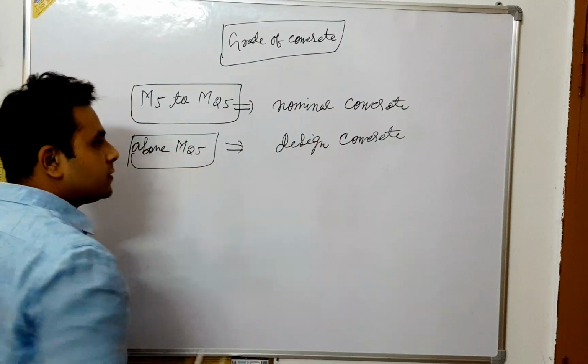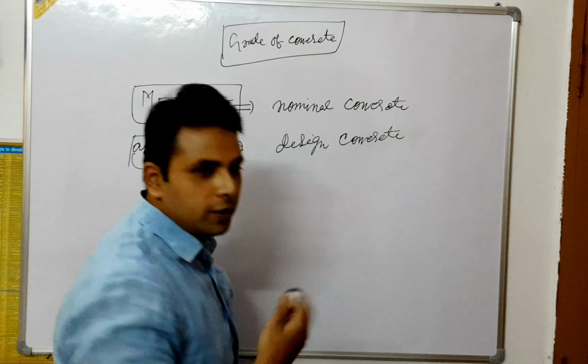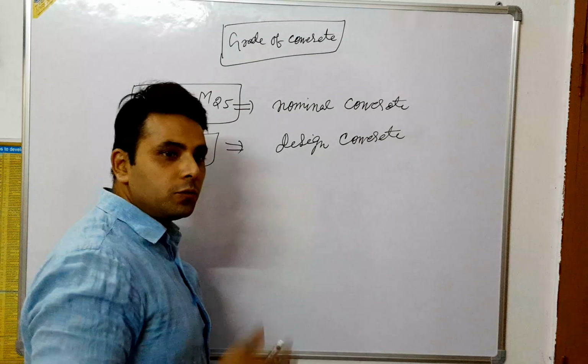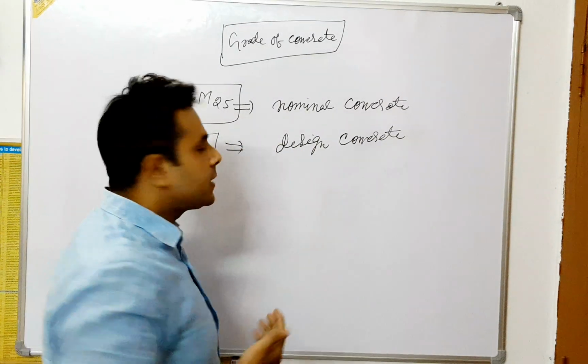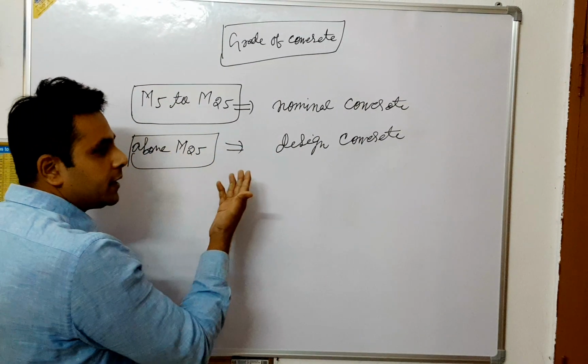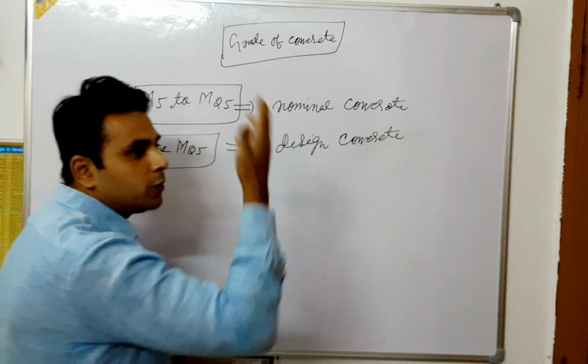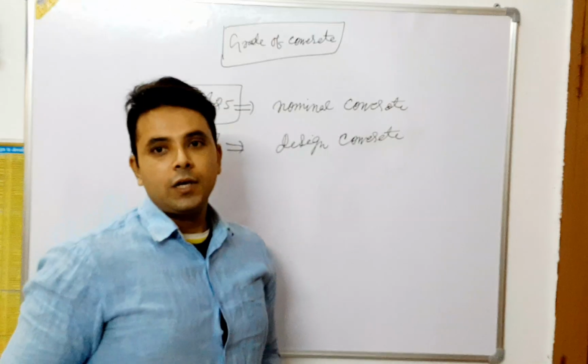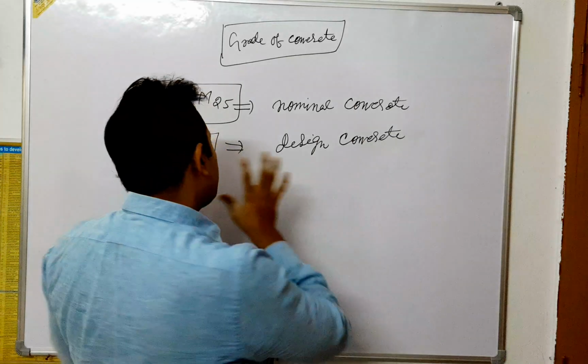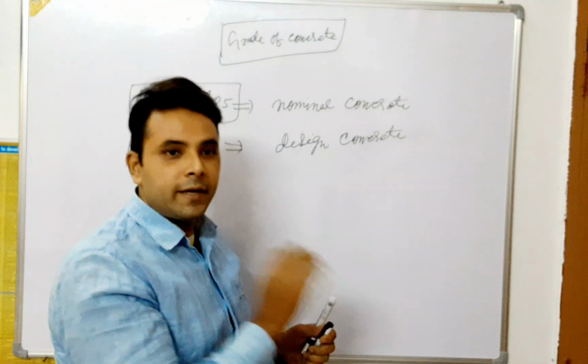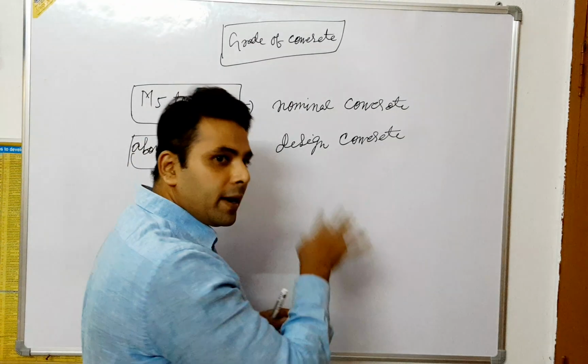But in the case of design concrete, when you are using any grade of concrete above 25, like M25, M30, M40, M45 up to M100, in that case you have to design the concrete, and after that you have to apply the proportions.